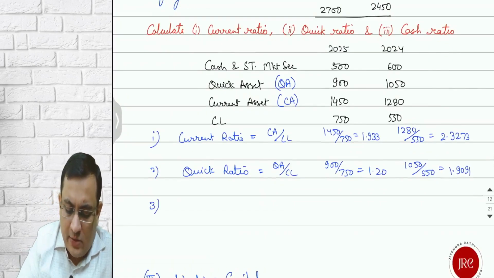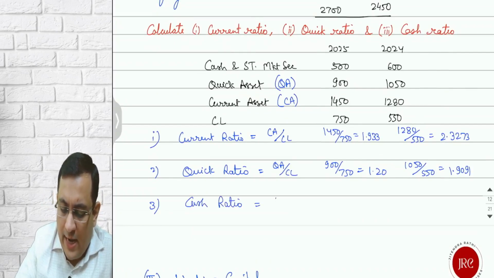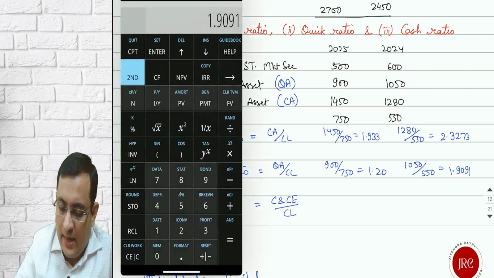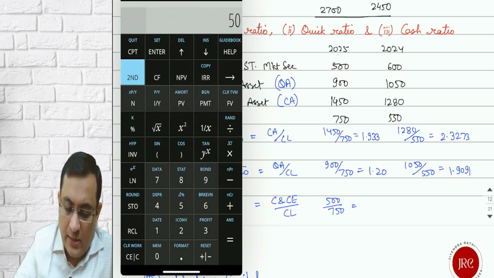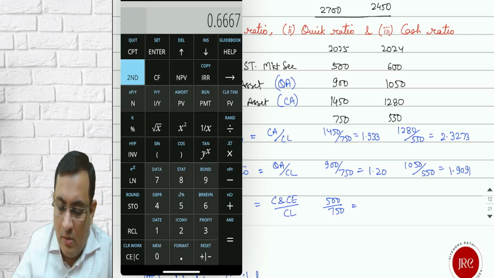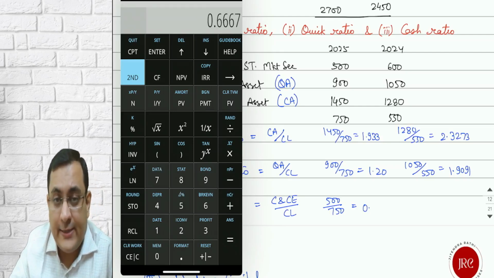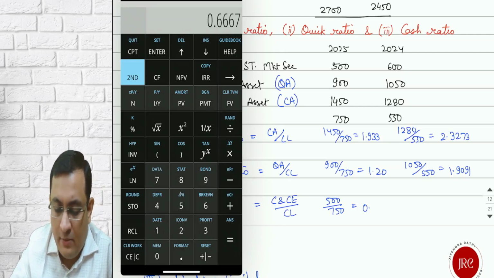And last one is your cash ratio, which is your cash and cash equivalent divided by your current liability. That is 500 over 750. Very difficult situation, because we are holding less than 1 rupee for every 1 rupee of liability, 0.6667.